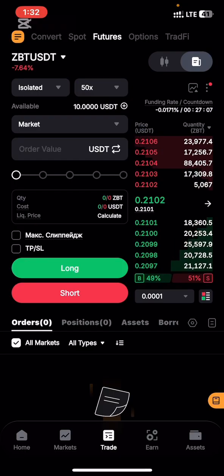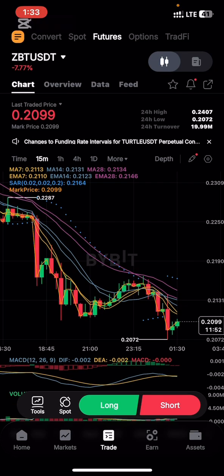This is exactly the market price you are entering. So if you are setting up to the market, the entry price has to fit with the market price before entering. Now, okay, let's see the market price. 0.2099. All right.